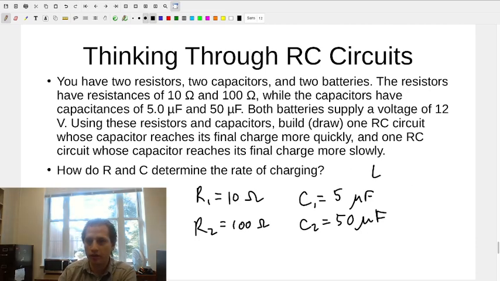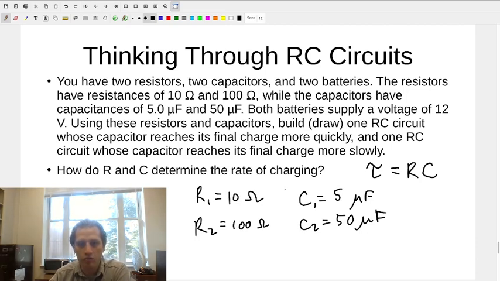Well, the only thing to realize here is that the dynamics depend on R times C. If you want one to charge more slowly, you'd want a big RC.